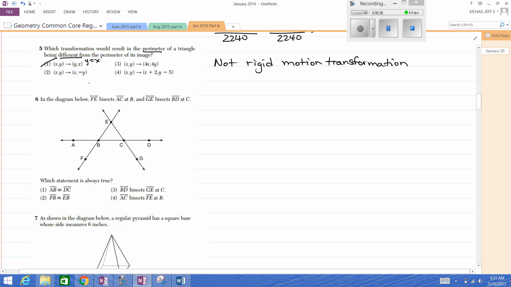This is probably a line reflection over the x-axis. Don't want to do that. This is a translation. And this is going to be a dilation. So that's what we want. We want to change the size. When you multiply both by the same number, it's a dilation. So that's the one we're going to choose here.